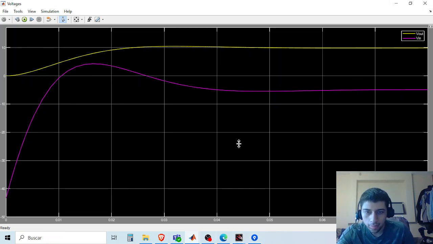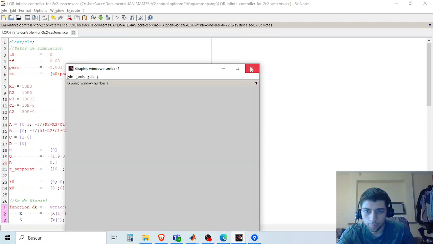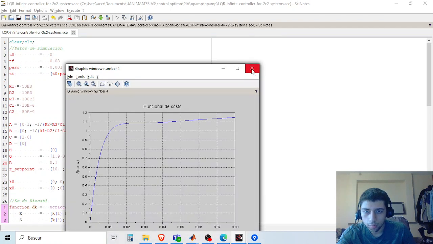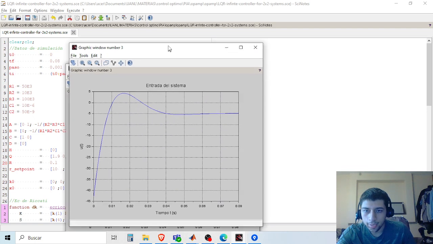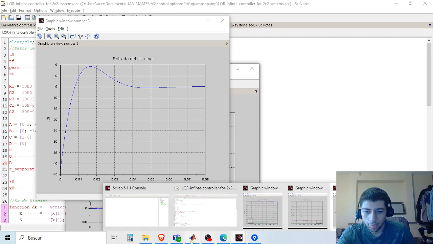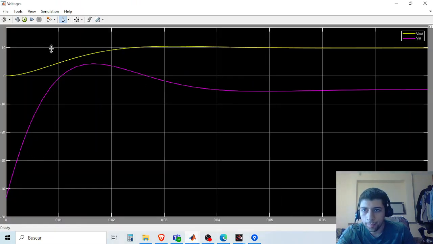So if we compare these graphs with the ones in our Scilab scripts, we see that the control law dynamics is the same in the Scilab one as in the MATLAB simulation.